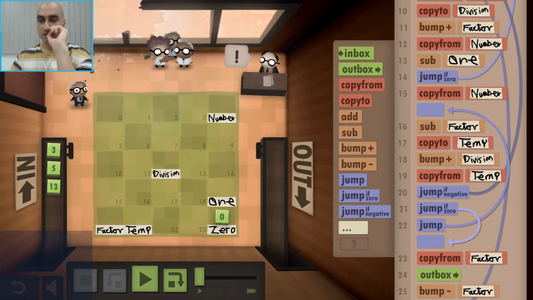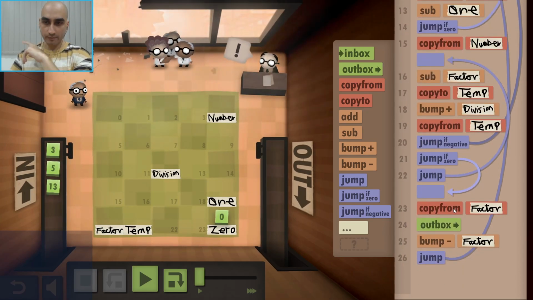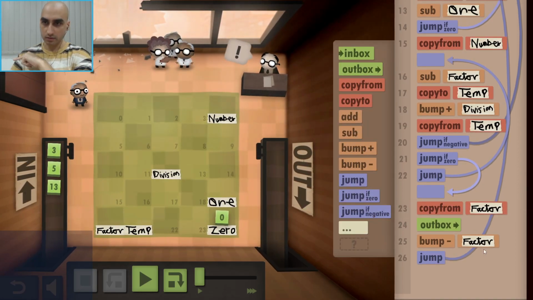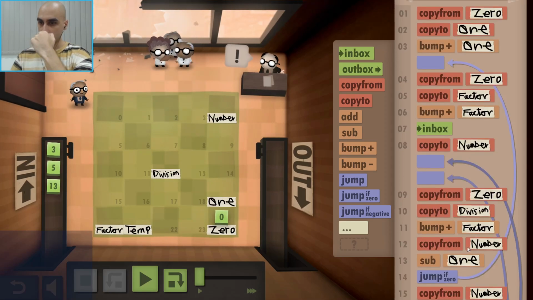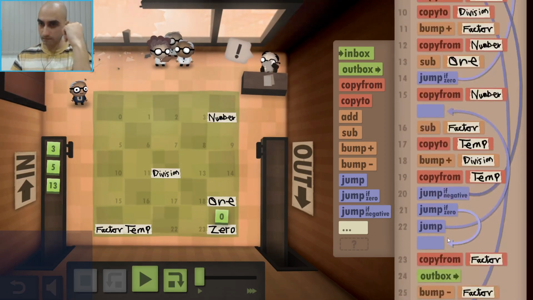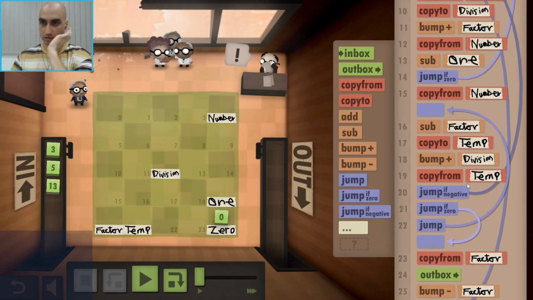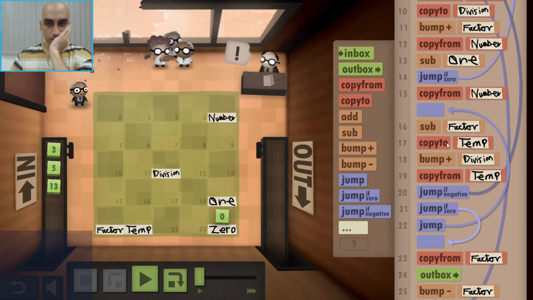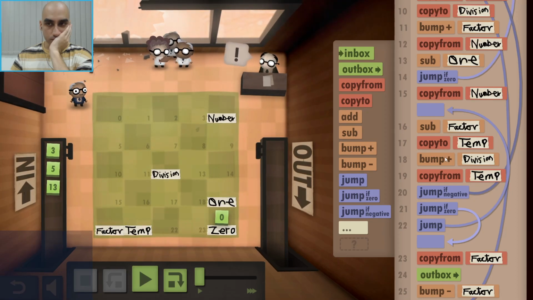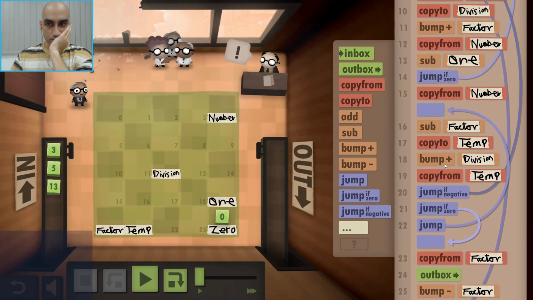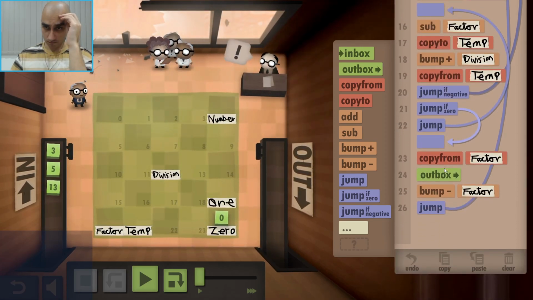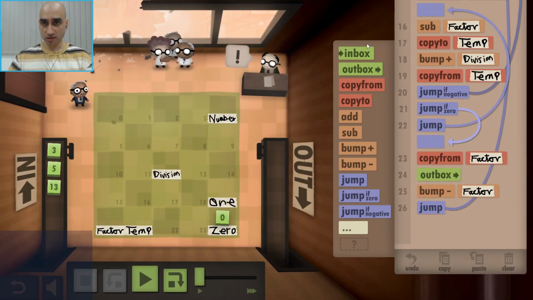So after the 2, I outputted the factor. I didn't replace number correctly. Why not? Because number got replaced. I must have deleted something I shouldn't have. Okay.